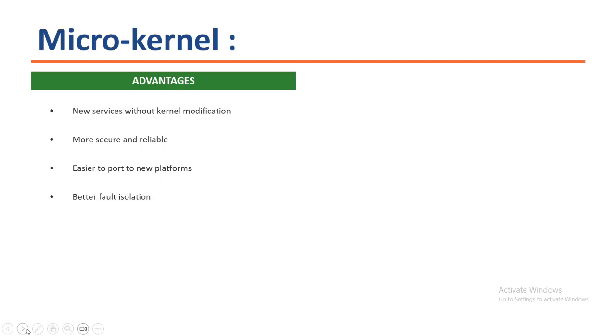Last advantage is better fault isolation. If something crashes, it is contained. Since services run as separate programs outside the kernel, a bug in one of them won't necessarily bring down the whole system.